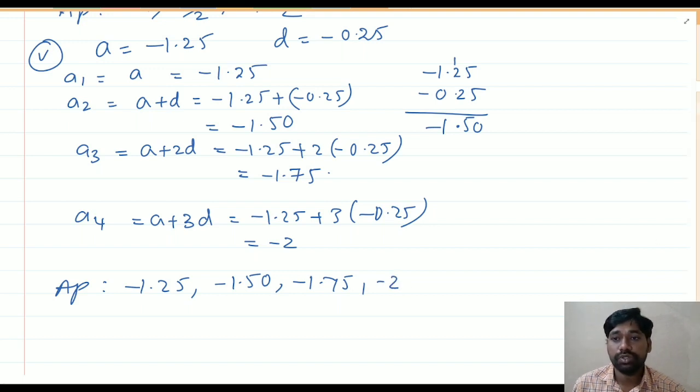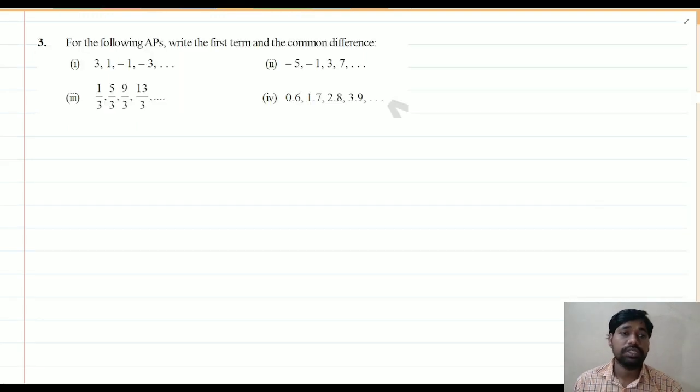Okay, so these are the questions in this particular part. This is a somewhat bigger exercise because it has a large number of problems. For the following APs, write the first term and common difference. Here we have to see what the first term is, and the common difference.